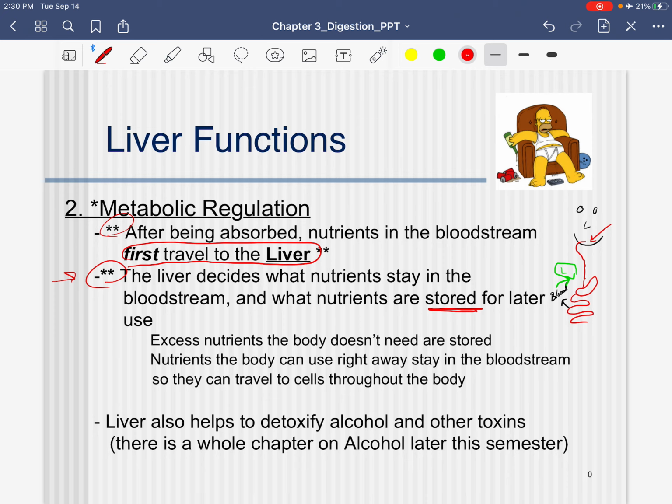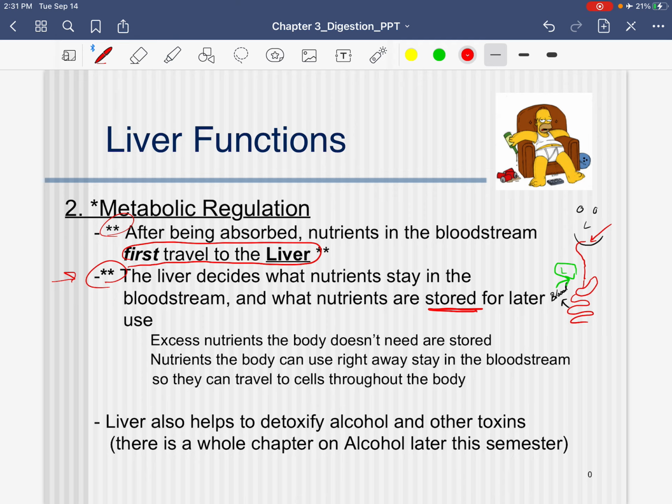See, when we eat a meal, we don't need to keep all the sugar from that meal in our bloodstream right away. You have a big plate of spaghetti. We don't need all those carbs, all those sugars in your bloodstream right away. So the liver, it will keep some glucose in the bloodstream, and then it will store some of that glucose as glycogen for later.